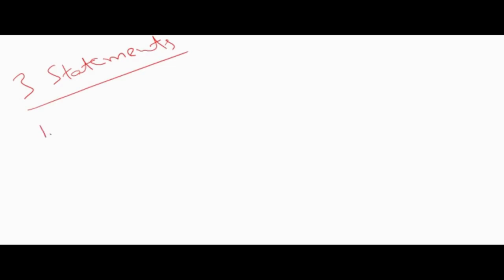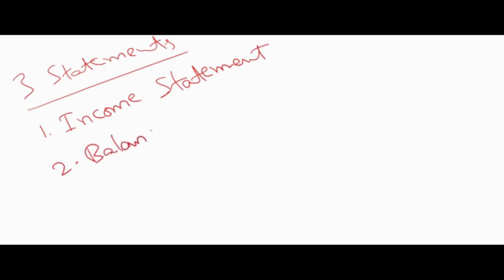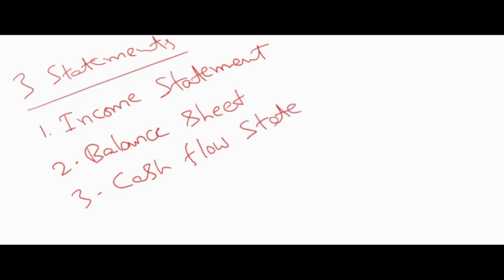One is the income statement, second is the balance sheet, and third is the cash flow statement. So these are the three important financial statements in accounting. Let's look at these three in brief before getting into details of the cash flow statement.